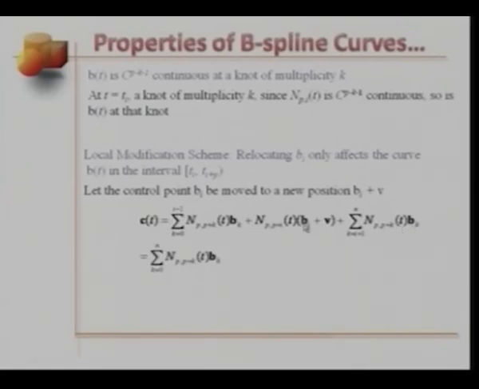Now let's extract this term out and add to this and this to give us summation k going from 0 to n of N_{p,p+k}(t) times B_k plus N_{p,p+i}(t) times v. This is our original B-spline curve with an additional term N_{p,p+i}(t) times v.